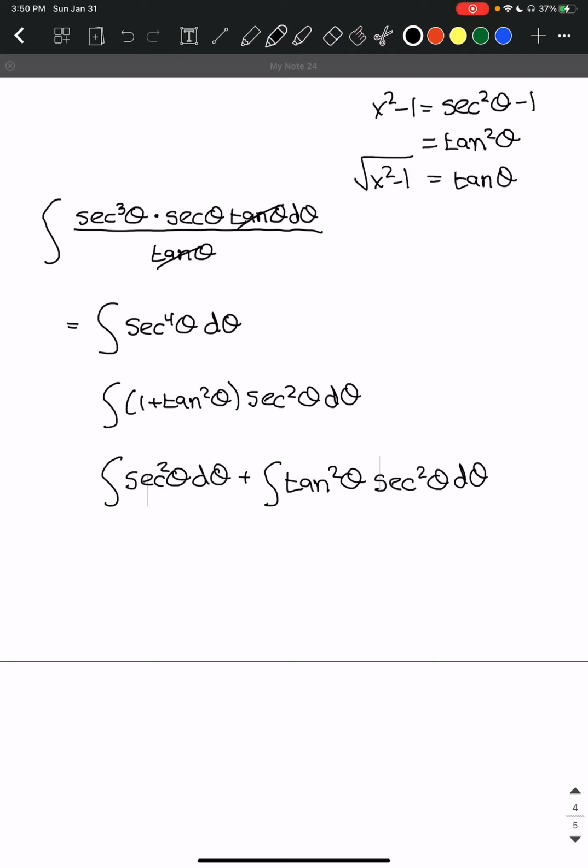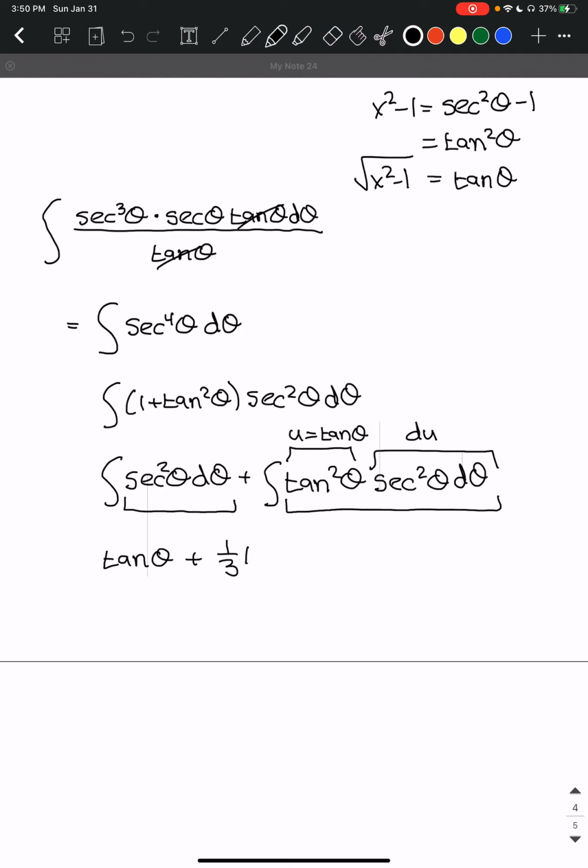And then again, really quickly, this is an elementary integral, right? So this is simply tangent. This right here is a u substitution, right? So I have the derivative of tangent here, and I have tangent itself. So this gives me plus a third tangent cubed of theta plus c.